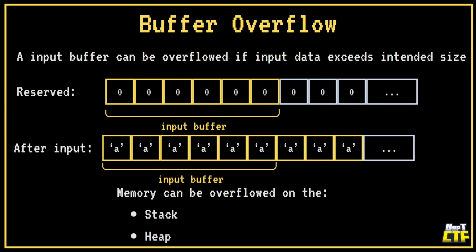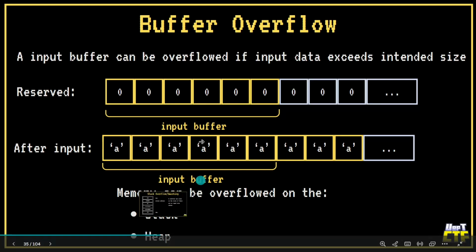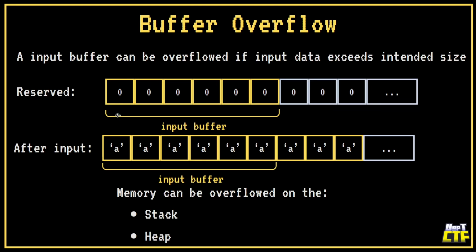So it's going to overflow the size of the input buffer. This can happen in 2 memory regions. It can either happen on a stack or on a heap. And this is a problem because your program expects the memory to be at a certain size, but then the actual state of the memory is going to be a little bit different.